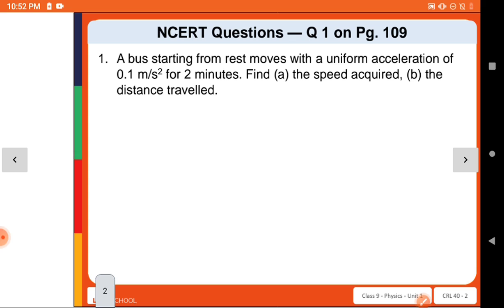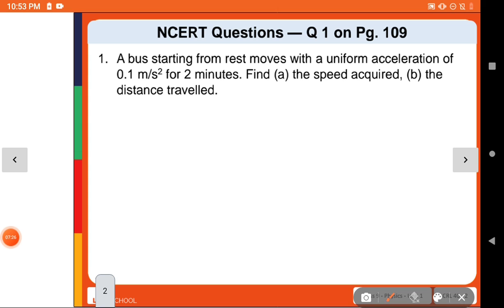Our first question is related to acceleration and distance. A bus starting from rest with a uniform acceleration of 0.1 meter per second square for 2 minutes. Find the speed acquired and the distance traveled by the bus.